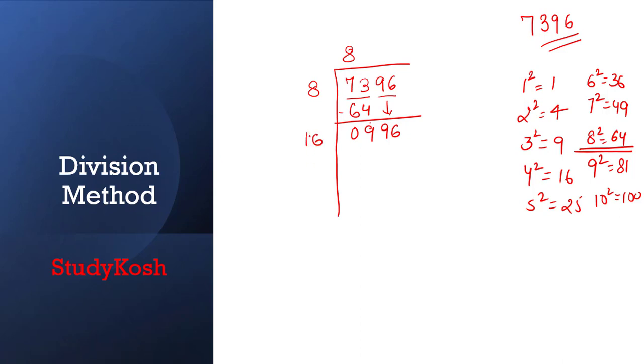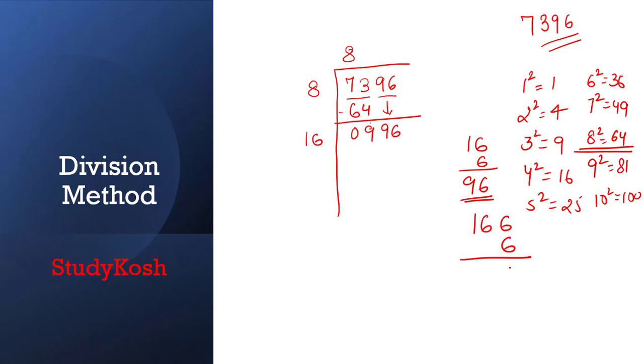Now let's check how we are going to multiply this 16 so that we'll get 996. We know very well 16 times 6 is 96, right? So here we require the 6, but again we just multiply this 6 like this only.